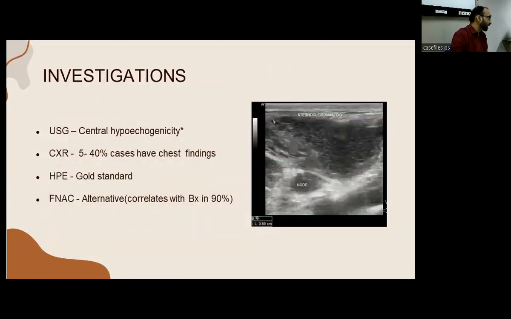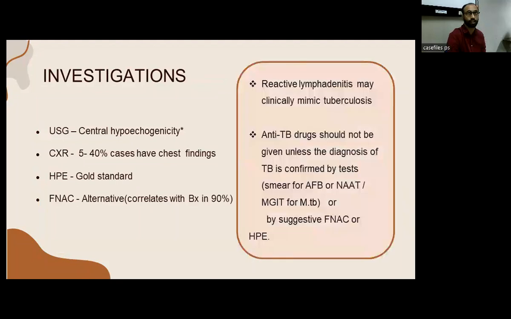Coming to the investigations, ultrasound is the key first investigation to be done, with characteristic central hyperechogenicity seen. Then chest X-ray: around 5 to 40% of these children have associated pulmonary tuberculosis findings. The gold standard is the histopathological examination of the excision biopsy specimen. FNAC can also be done because it correlates with biopsy in 90% of cases.